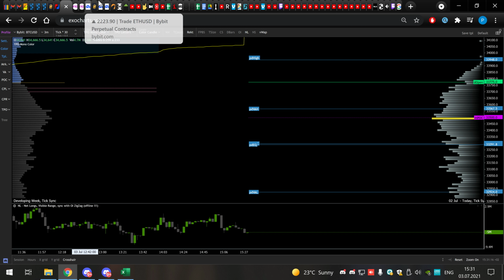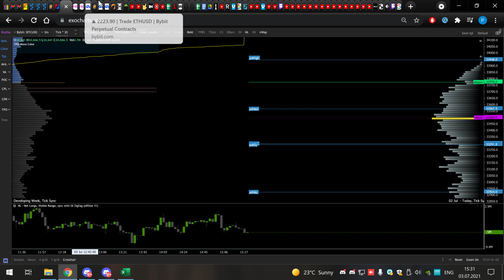You can do it as well in ExoCharts, so I will show you. So I would say this range, like for the past 2 weeks, you can see clearly this is the range for the past 2 weeks, because you have one high here and you are playing around for 2 weeks. So I'm sure we need point of control for this range as well. So let's go from this point to this point.